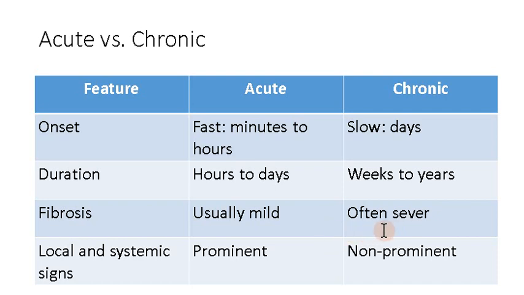Like, for example, sa liver ng isang taong mahilig uminom at nagkakaroon ng liver cirrhosis. So, years and years of fibrotic tissue na yung nandun. So, parang tinatry lang repair ng liver yung sarili niya.